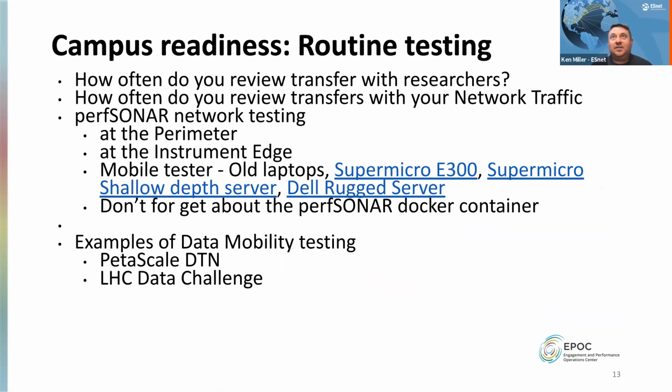So, part of the routine testing: how often do you review your transfers to researchers? If you do that top 10 report like we're talking about and scale up from there, one thing you can look at is trying to schedule a meeting every semester or every two months with a researcher who is part of your top 10. If you see an instrument, a data set, or a lab or facility you're transferring to on your campus, maybe you want to go down and meet with them, see what you can do to help them out, and go from there.